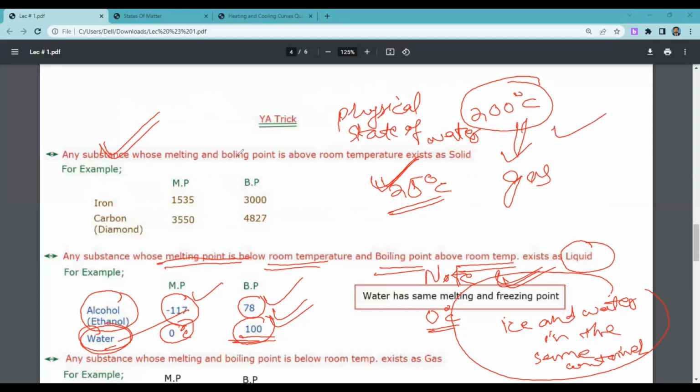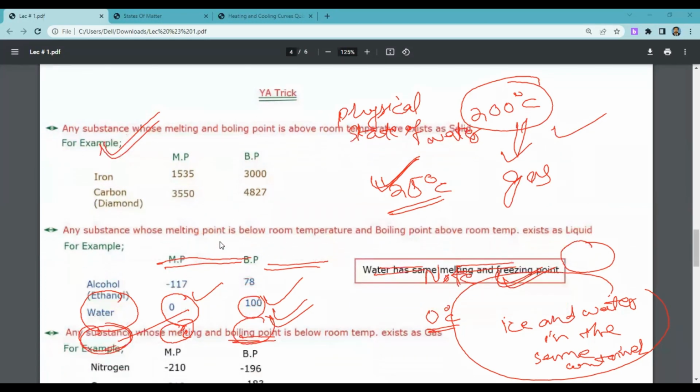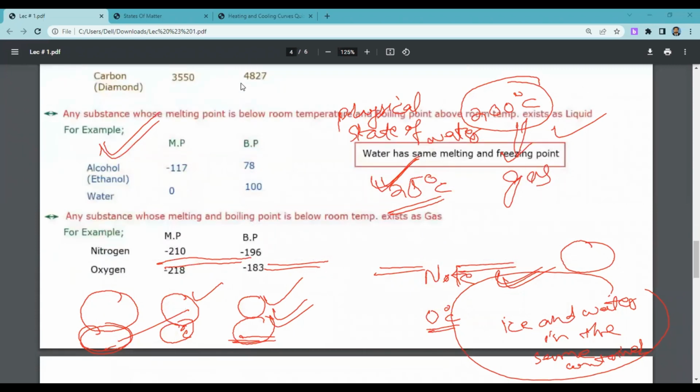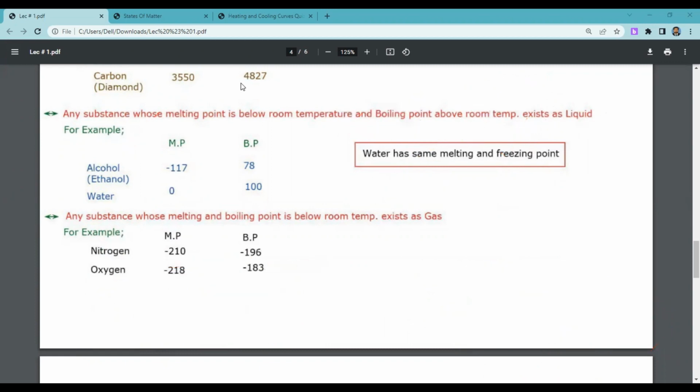And the third trick is, any substance whose melting and boiling point is below room temperature will exist as a gas.